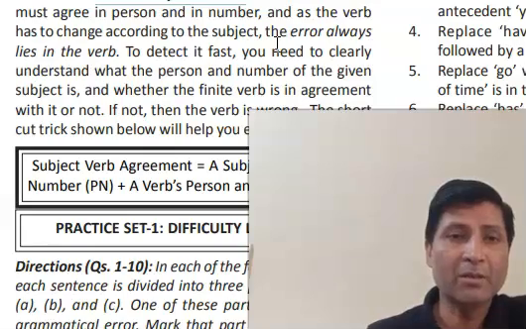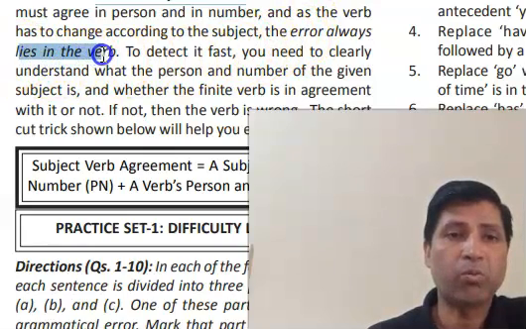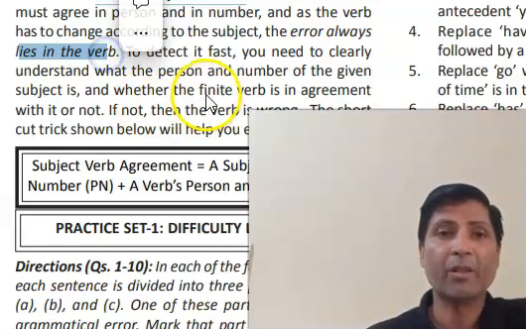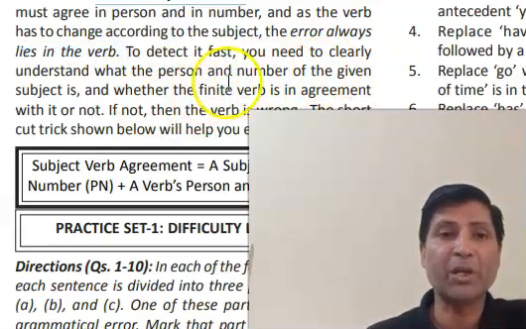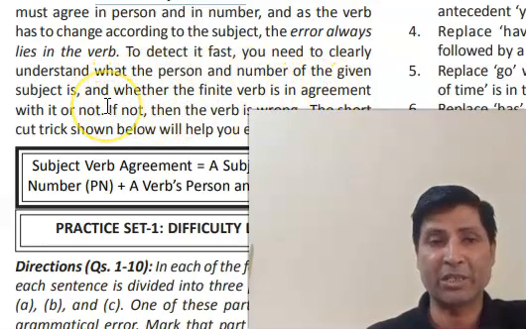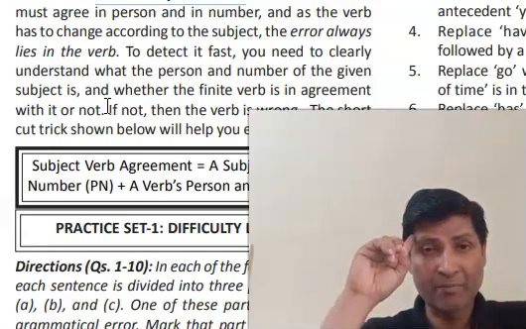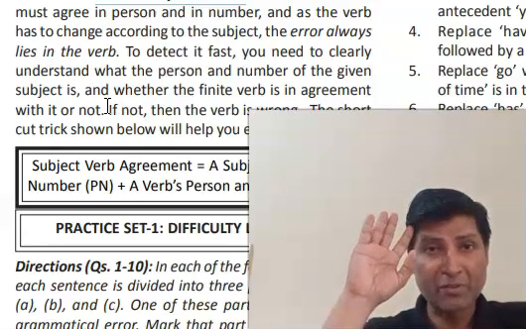The error always lies in the verb. How can you detect it? To detect it fast, you need to clearly understand what the person and number of the given subject is. Remember the first rule: what is subject-verb agreement?